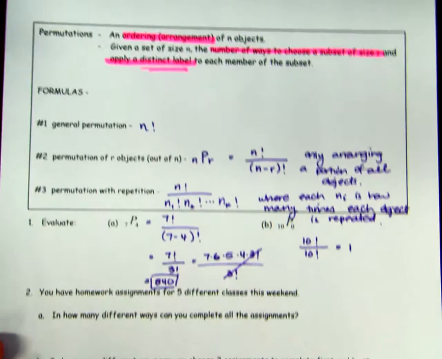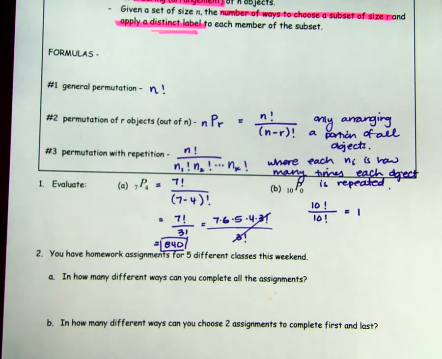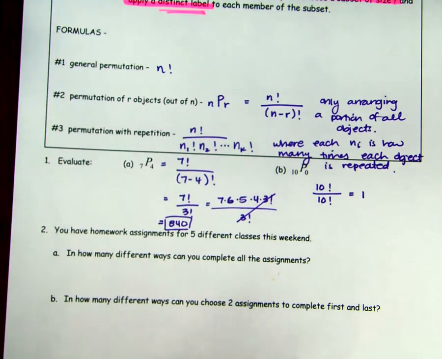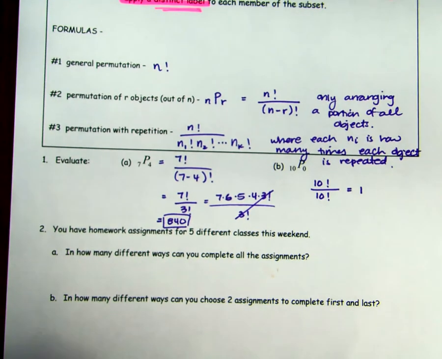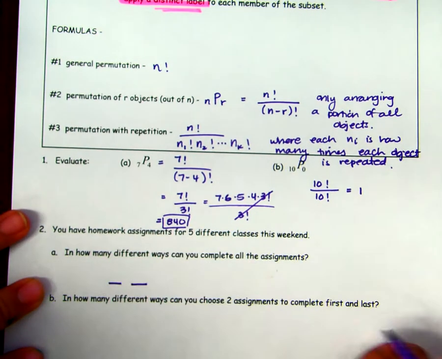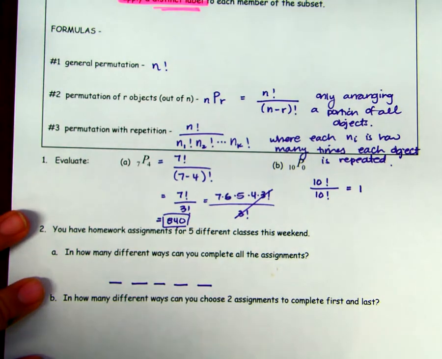Okay. So now let's go ahead and apply it. You have 5 homework assignments for 5 different classes this weekend. Part A. In how many different ways can you complete all of the assignments? So this is more or less like a fundamental counting principle. I have 5 assignments for this weekend, so it's like having 5 different slots. For my first assignment, I have 5 options.